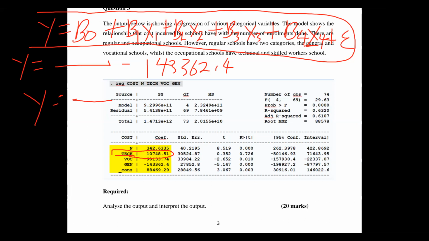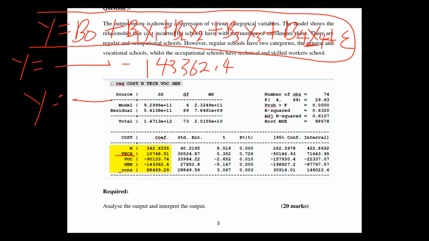Just as you said, an additional enrollment in technical schools would increase the total cost by 10,748.51 units. It was okay. Okay, thank you.